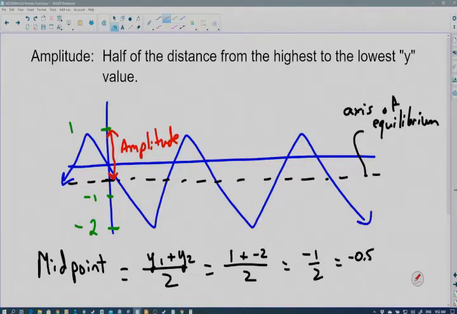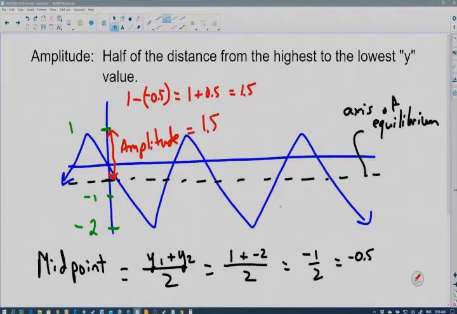So how do I calculate that distance? Well, you could count it, right? If this is at -0.5, the amplitude is 1.5. You could also use math to do that. Now, the distance between 2 points is a subtraction, so you could do 1 minus -0.5. And this would be if the numbers weren't pretty, but I'm just showing you the math here, which would be 1 plus 0.5, which would be 1.5 again.